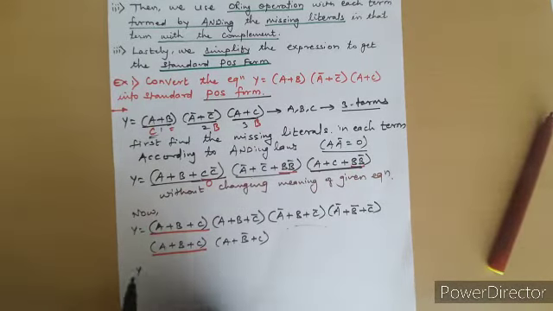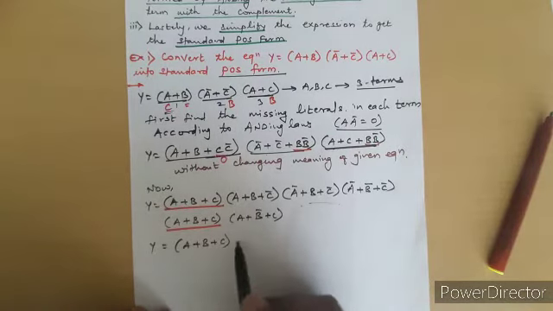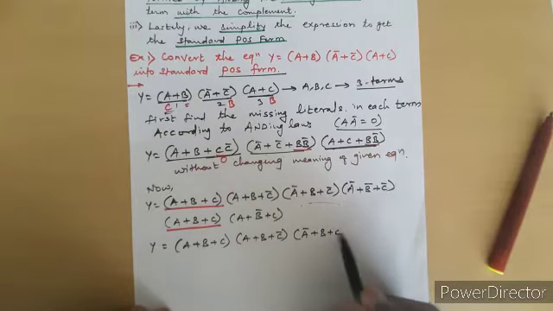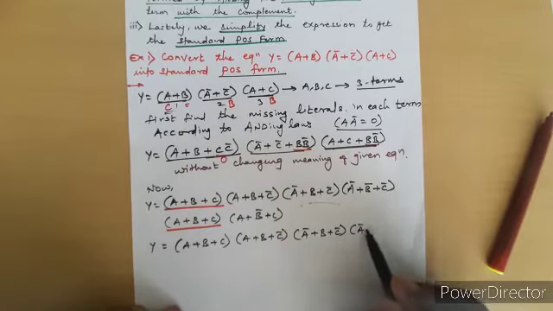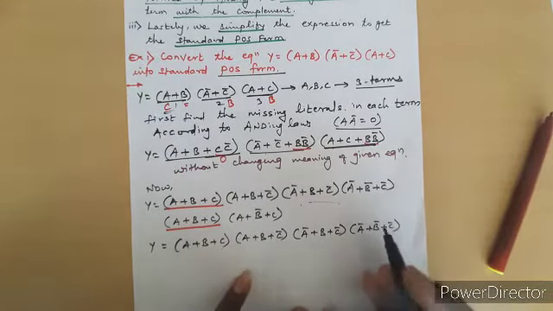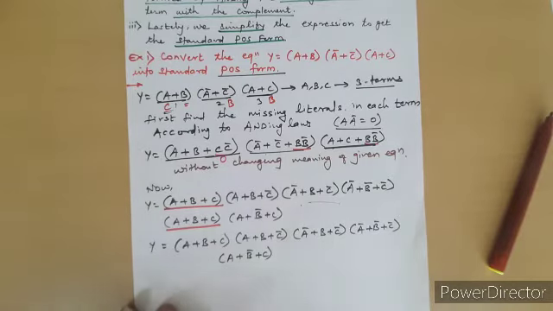So my Y becomes Y equal to (A plus B plus C), (A plus B plus C bar), (A bar plus B plus C bar), (A bar plus B bar plus C bar), and then this term (A plus B bar plus C). Okay, so how many terms are we getting?